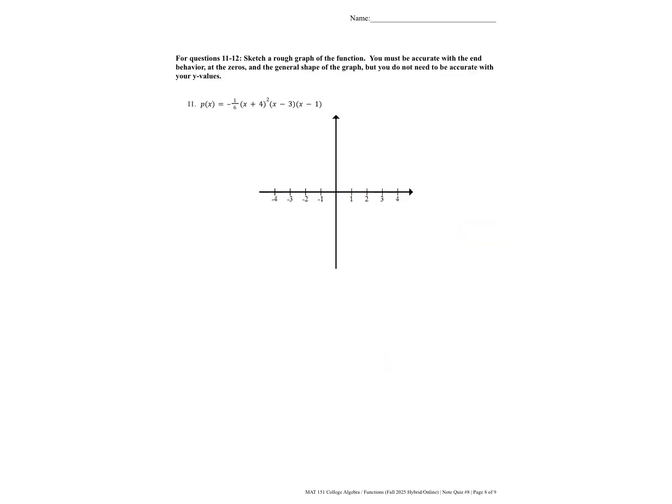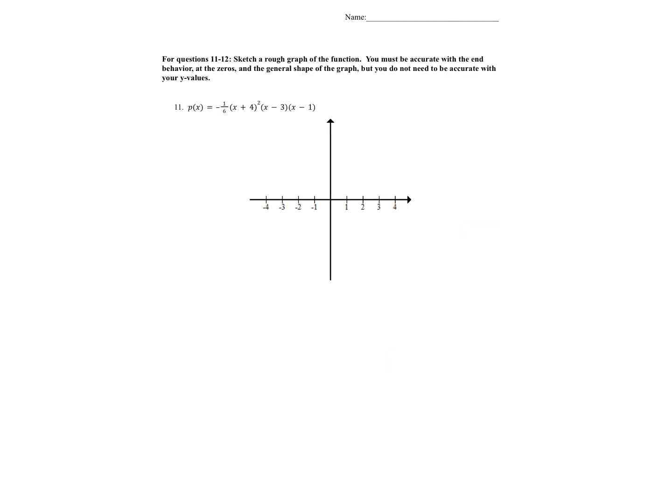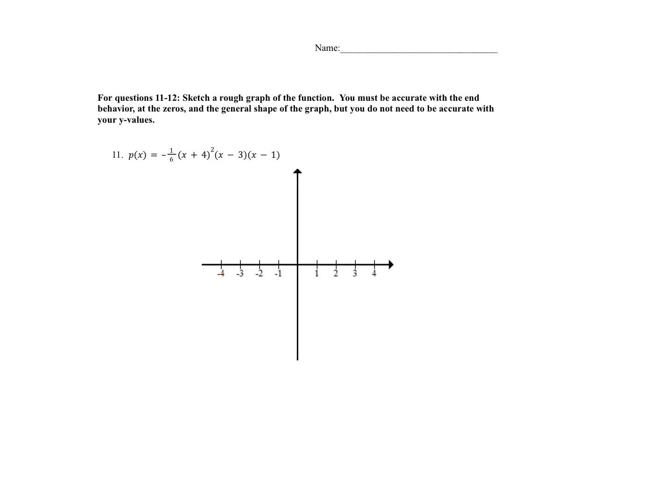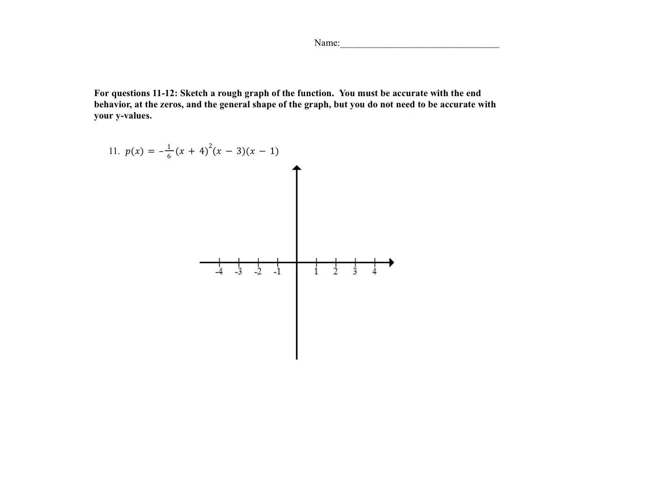And the next page is going to have us drawing polynomials based on their formulas. So the idea, again, is to go through, analyze the formula, and piece all of that information together. So let's start recording some information. Again, I like to personally start with the zeros because the zeros tell most of the story.